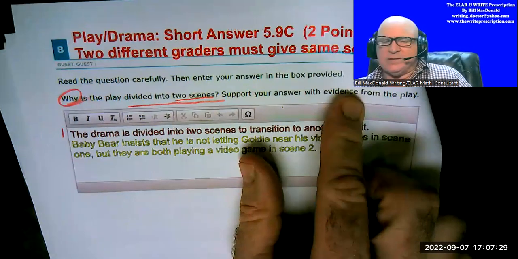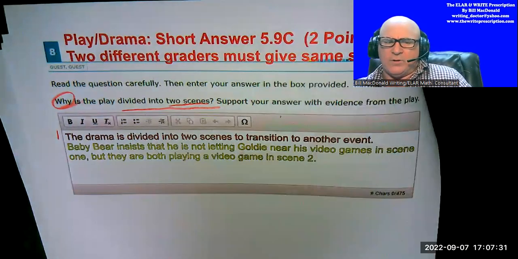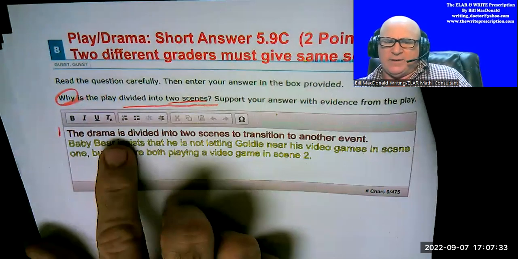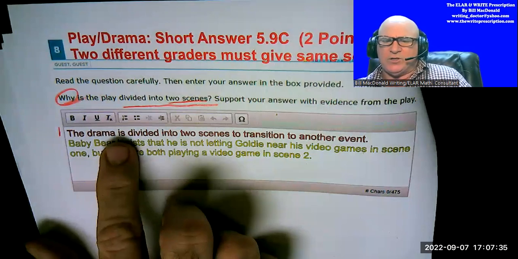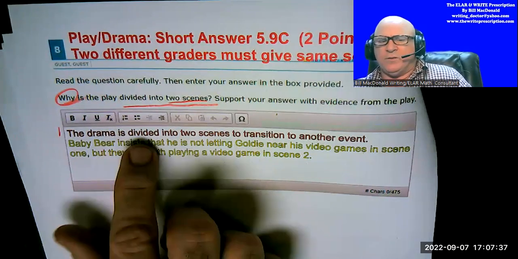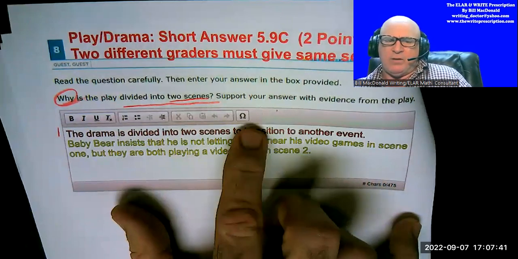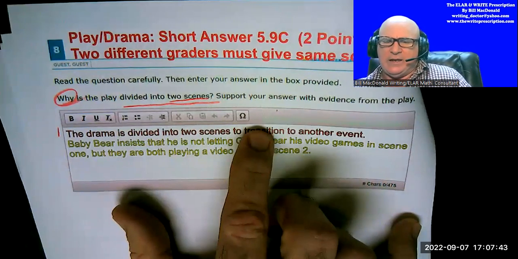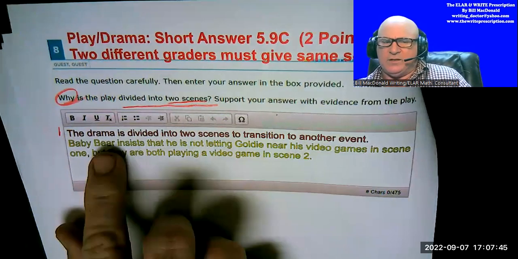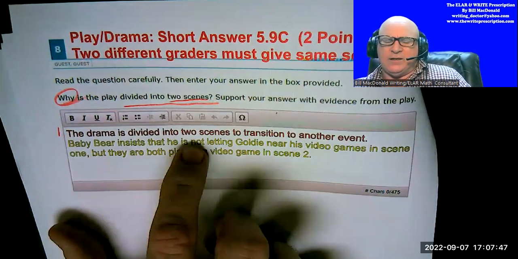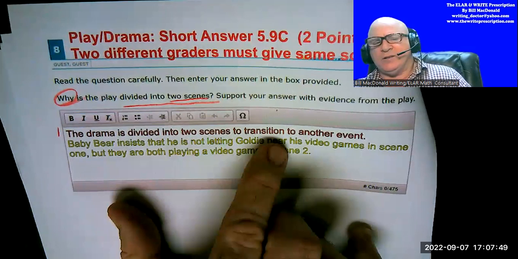So let's see, one of them. And these are the ones that the state chose, so I know I'm correct. The drama is divided into two scenes. Why? To transition to another event. So basically, there are two major events. Prove it. Baby Bear insists that he is not letting Goldie near his video games in scene one because he doesn't trust her. Transition.